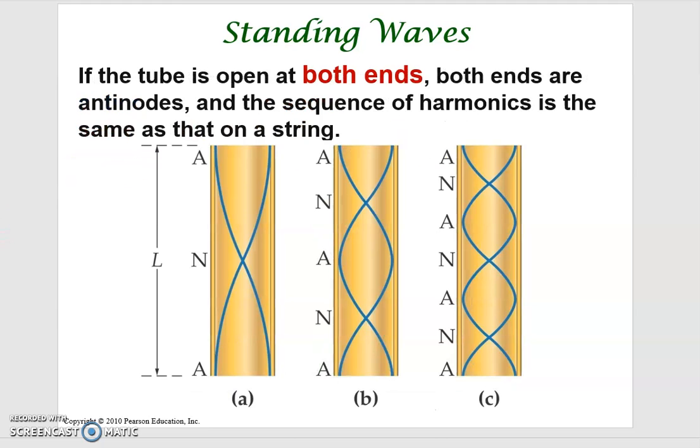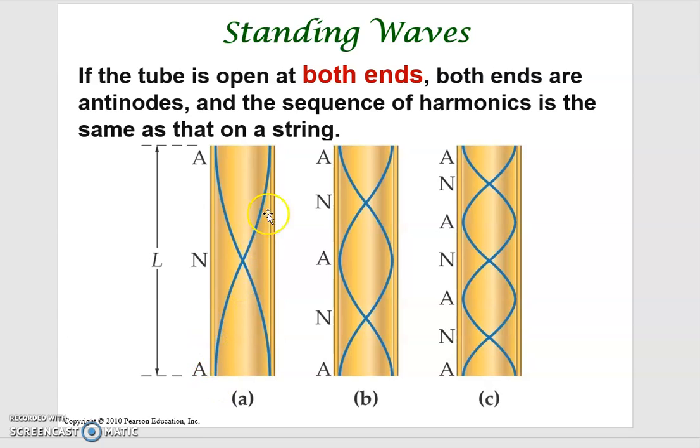And finally, another surprise to you is that when both ends are open, then both ends are the so-called antinodes. You will find out the wave pattern is different, but the result is very similar to both ends fixed. Because now the fundamental mode for both ends open has an antinode here and an antinode here.